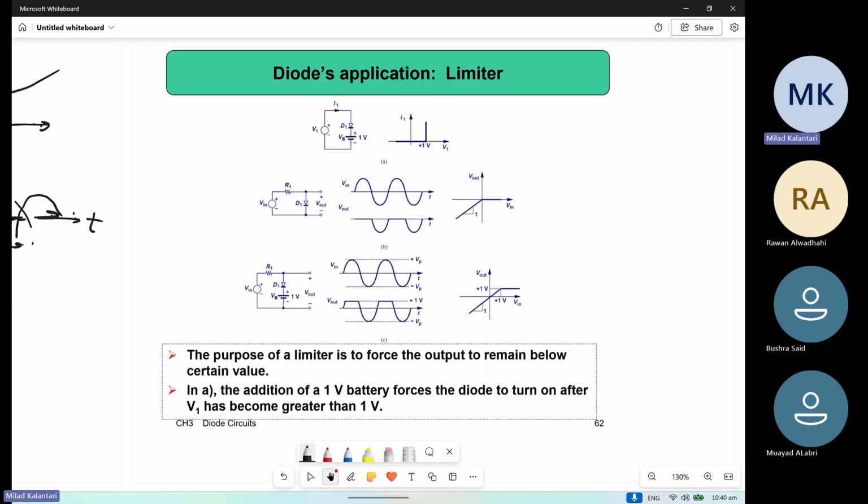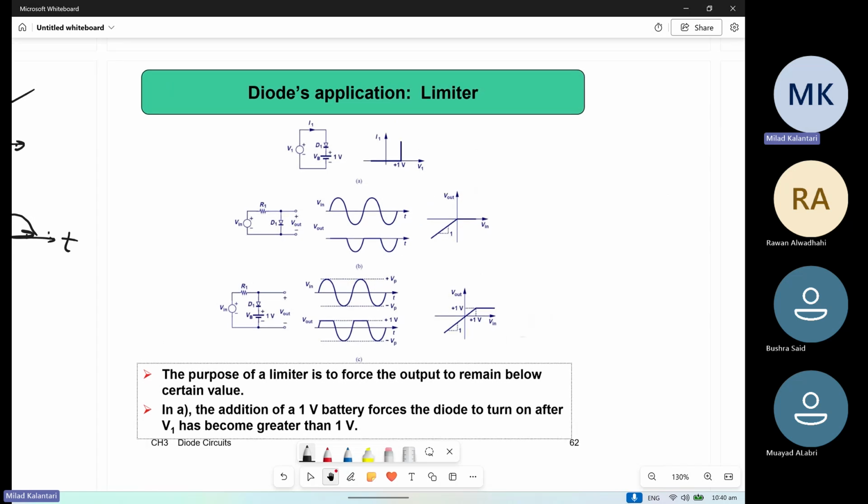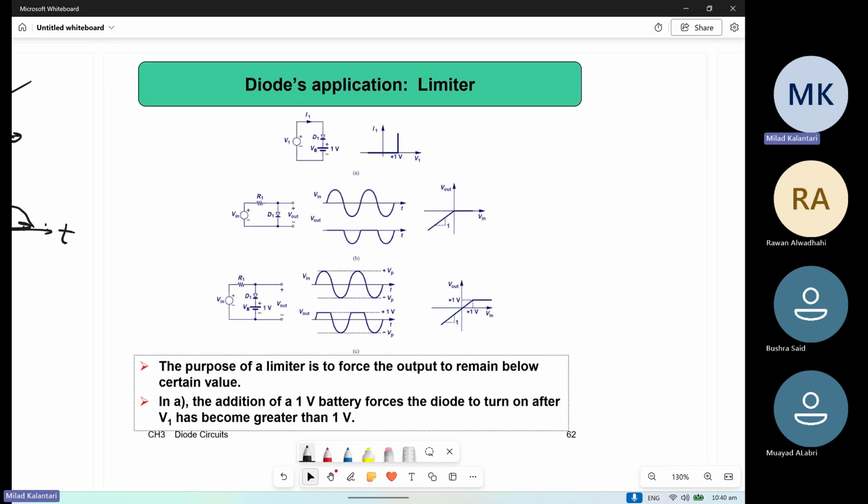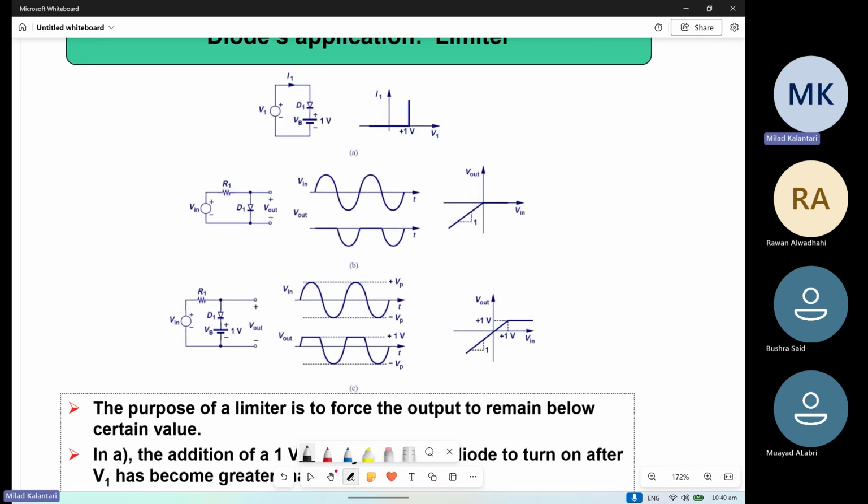So we can use the diode as some sort of limiter. Limiter means once the input voltage reaches a certain level, it doesn't allow the output to go further up or down. This is kind of limiting the output voltage within some range.